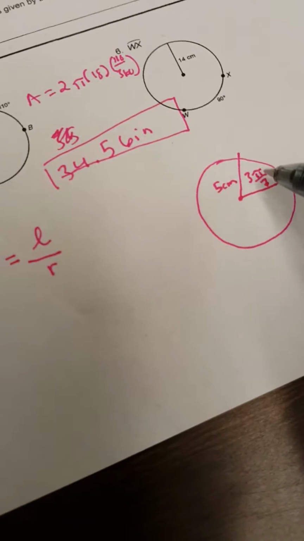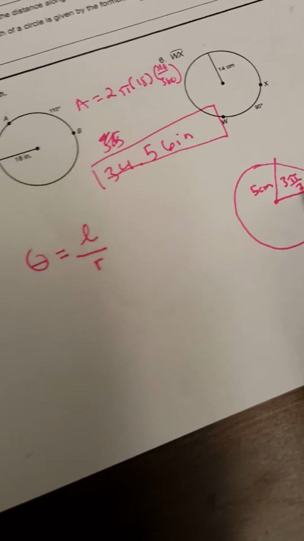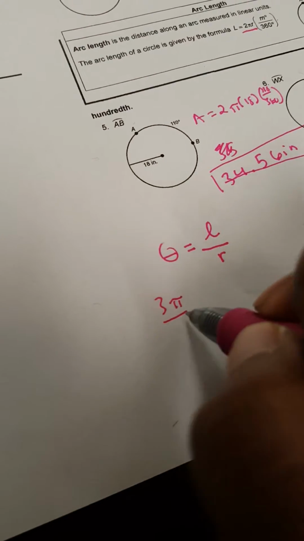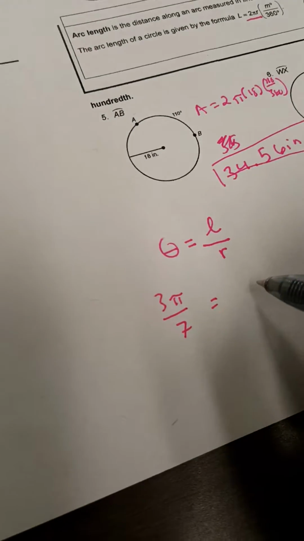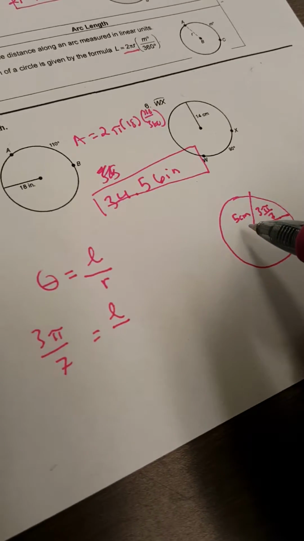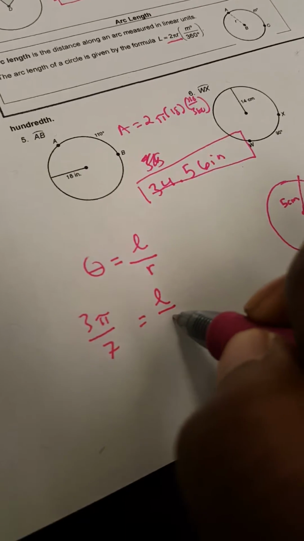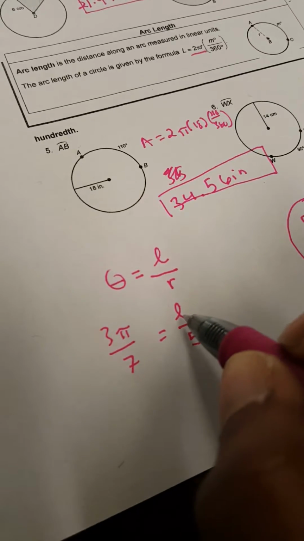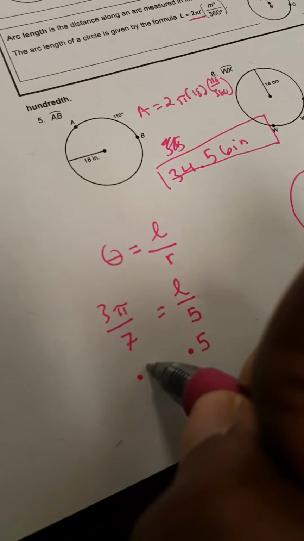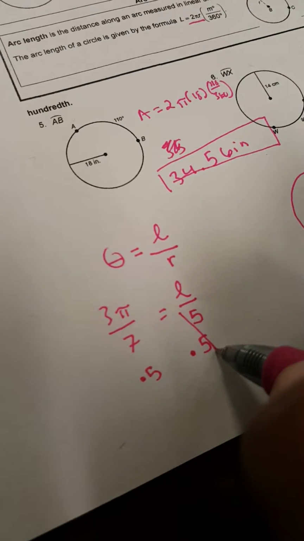So I will plug into the formula. The 3 pi divided by 7 would be my theta. So I'd have 3 pi divided by 7 equals, of course I don't know the arc length, I'm looking for it. And my radius is 5. So to get the arc length by itself, I'd multiply by 5 on both sides. So of course it would cancel over here.